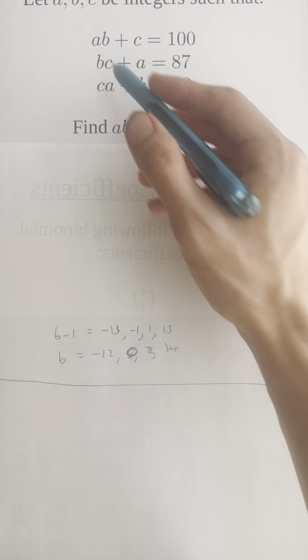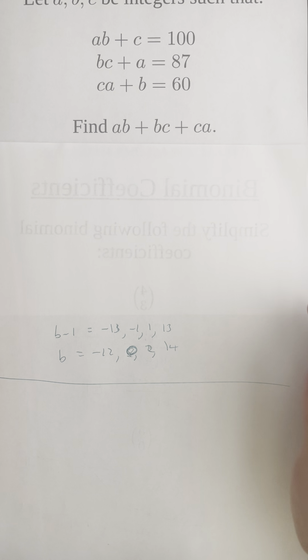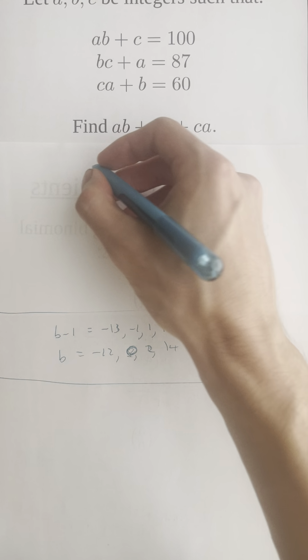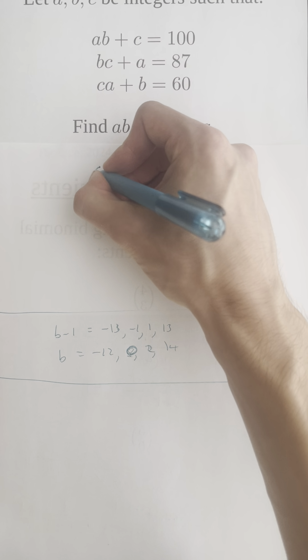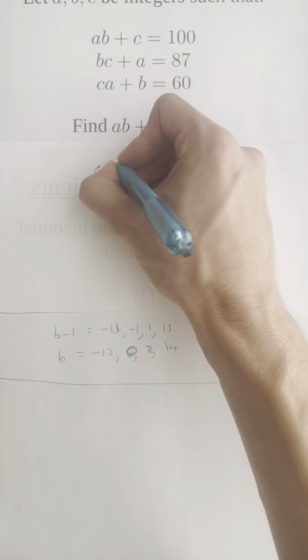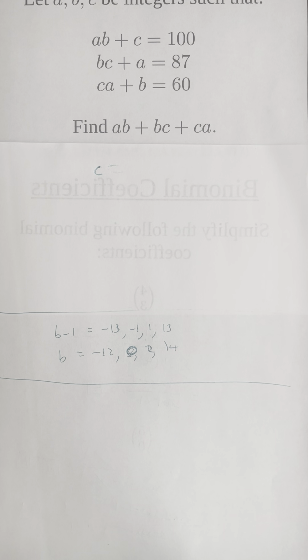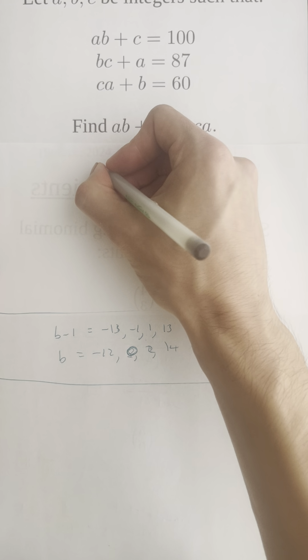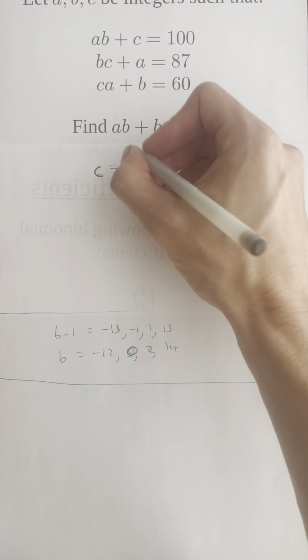Let's plug in b equals 0 into the first equation. If b equals 0, then from the first equation c is equal to how much? That means c is going to be equal to 100.